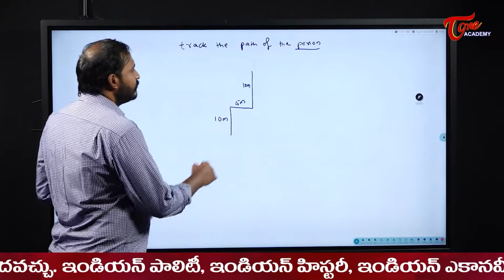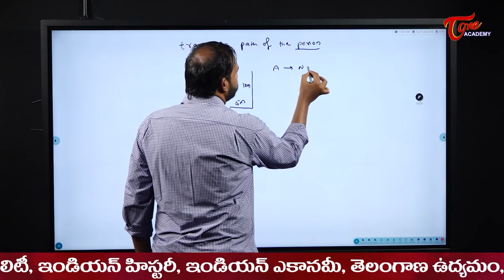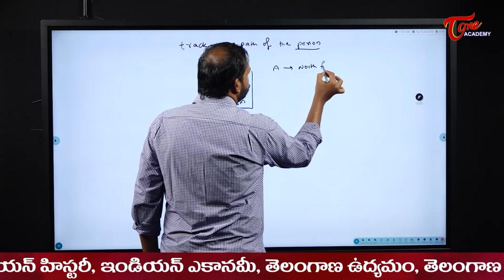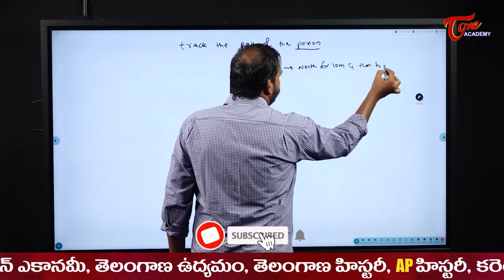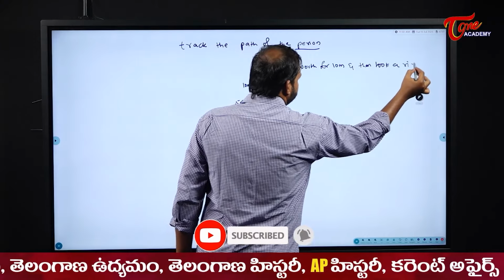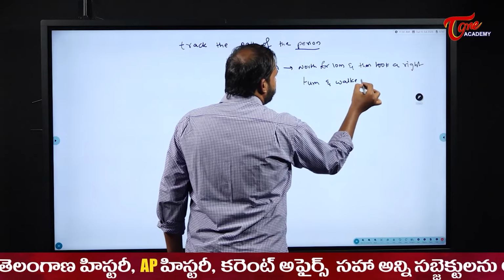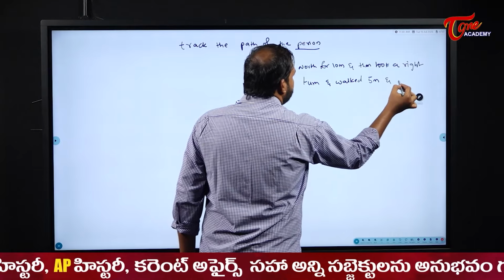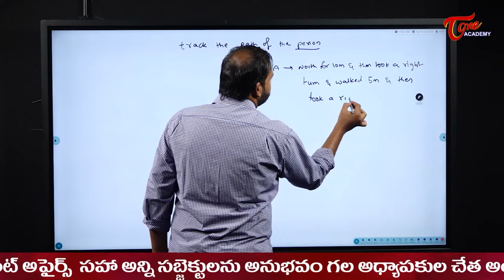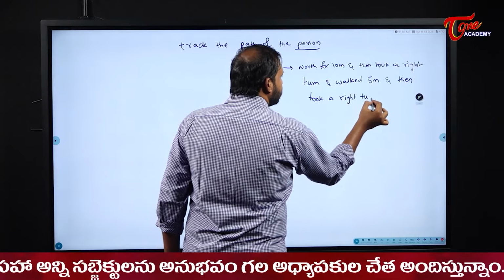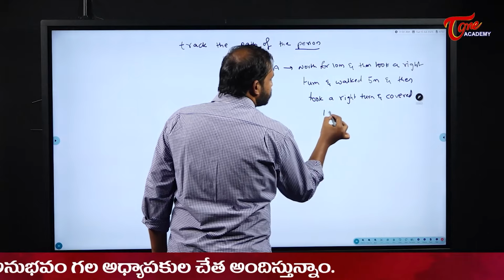Now, I will give you a small sentence. A person first moved north for 10 meters and then took a right turn and walked 5 meters, and then took a right turn and covered 15 meters.